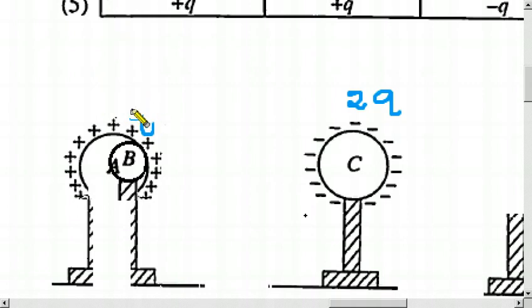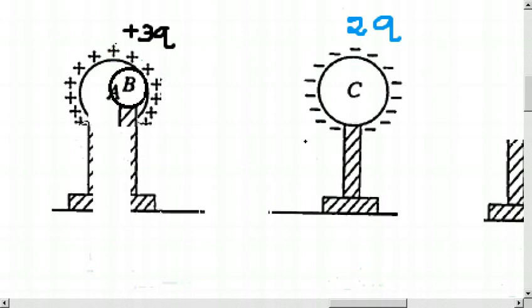This q vanishes because that is negative. So finally we have plus 3q charge on the bigger sphere, on the outside surface. As in the previous question, now this sphere B doesn't get any charge because it is inside of this bigger sphere.